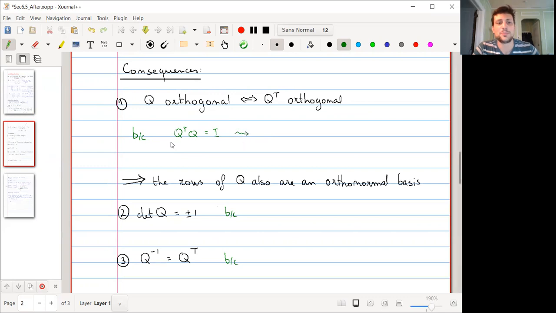I can transpose both of these, and by transposing everything here, I get that Q transpose Q, all transpose, is the identity transpose.